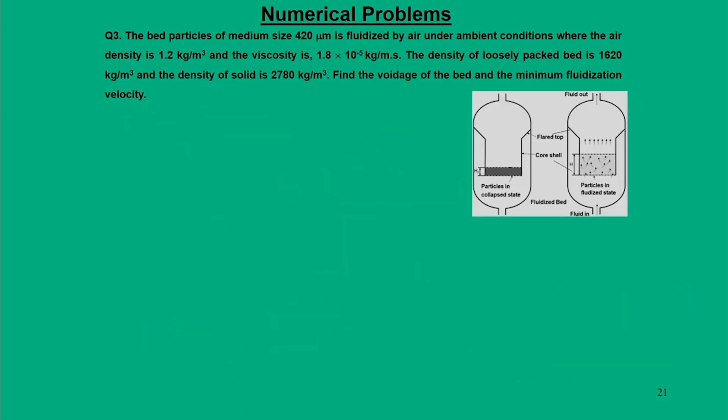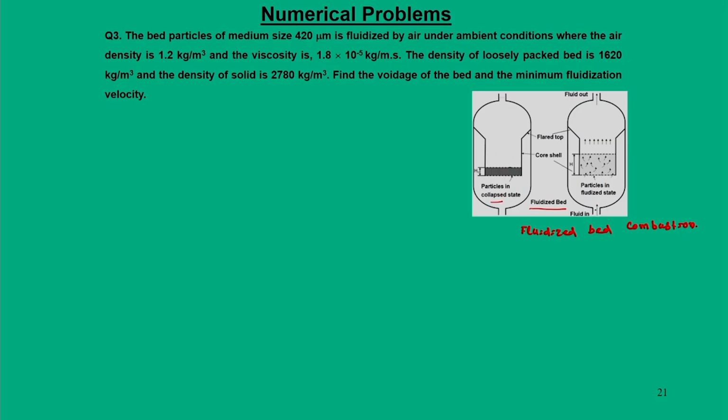Now, we will revisit another problem which was discussed in our previous lectures, which is called fluidized bed combustion. Fluidized bed combustion means a combustion unit which is a fluidized bed. So, in the initial state the coal particles form a bed which is in the collapsed state.